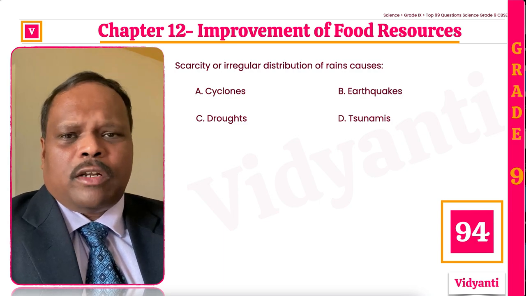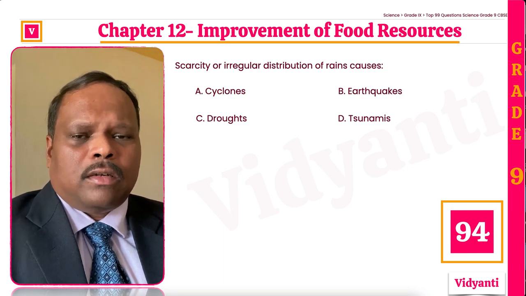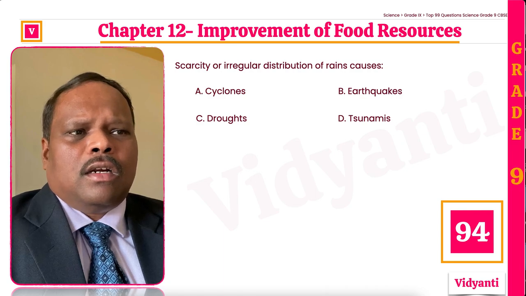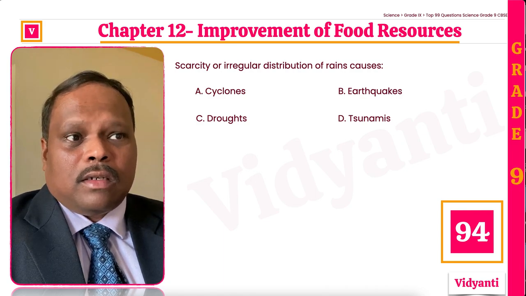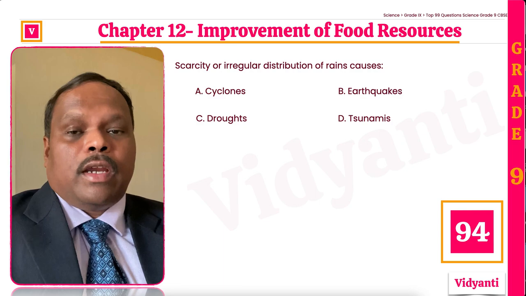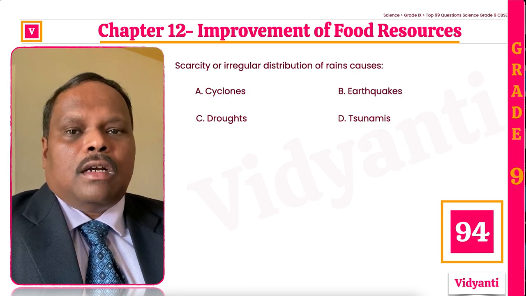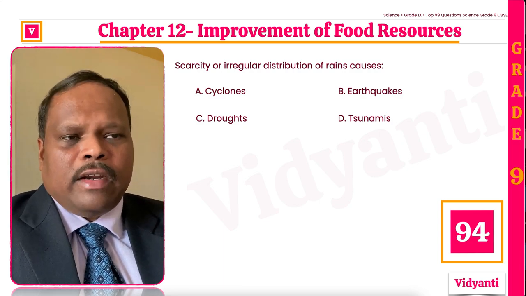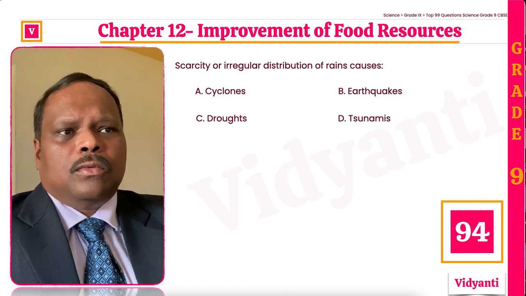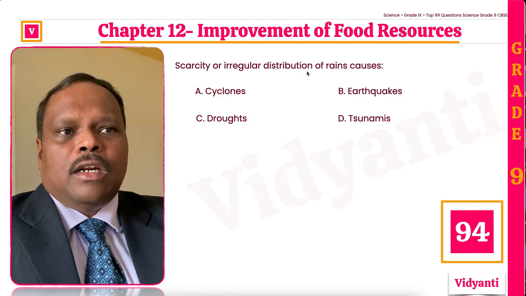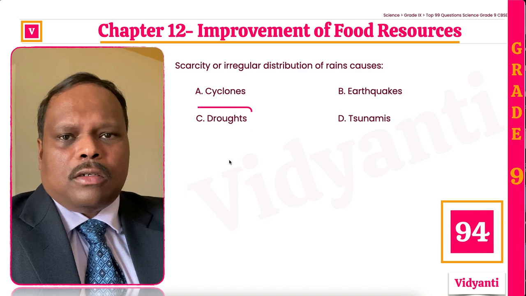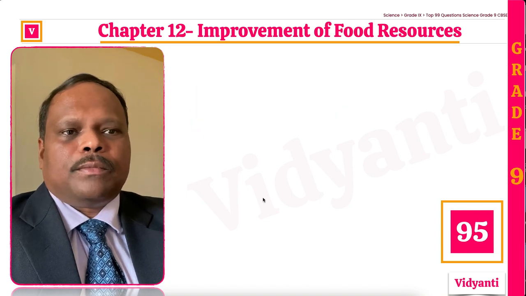Earthquake is the movement of tectonic plates within the surface of the earth. Tsunamis are because of earthquakes happening at the sea, huge waves are created. So these have got nothing to do with the rains. Irregular distribution of rain will cause droughts.